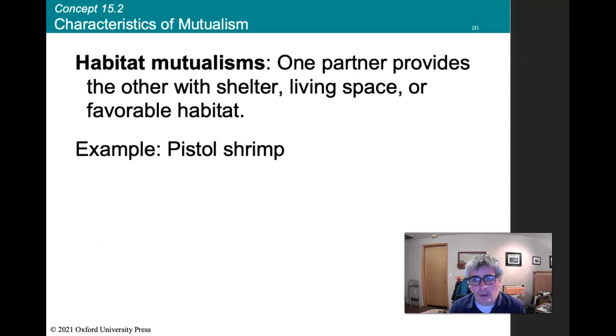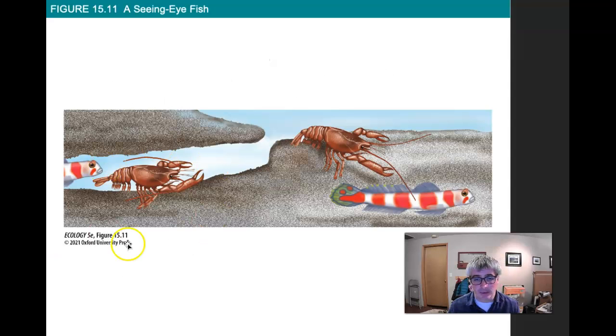Habitat mutualisms, one partner provides the other with shelter, living space, or favorable habitat. An example of that is this pretty famous example, the pistol shrimp, where the shrimp can dig a burrow. The goby lives in the burrow with the pistol shrimp, but the pistol shrimp can't really see, and so when they leave the burrow, they effectively hold hands, but the pistol shrimp puts an antenna on the goby and helps them go out and forage.